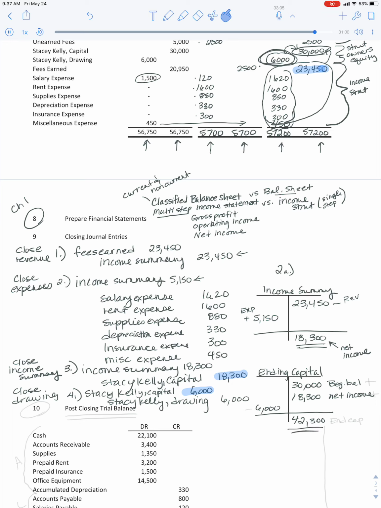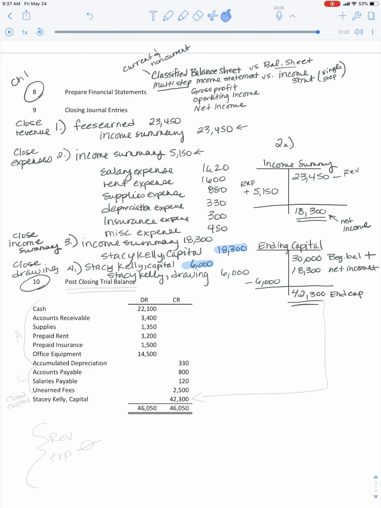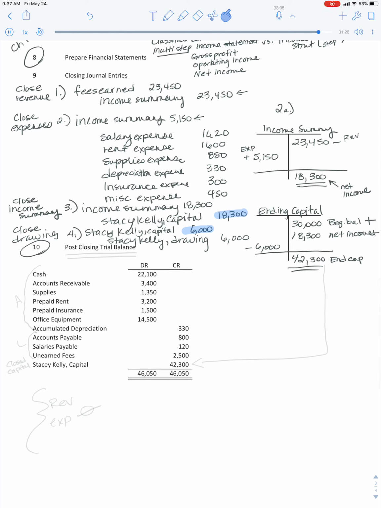Okay, so this should look pretty familiar. This should look like our owner's equity statement. You start off with beginning capital in owner's equity statement. You add net income. You subtract withdrawals, and then you get ending capital. So ending capital is going to be the number that ends up on our balance sheet. Well, step 10 is essentially only balance sheet accounts, closed balance sheet accounts.